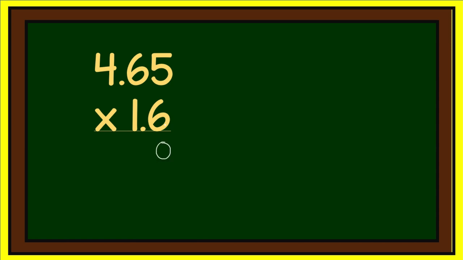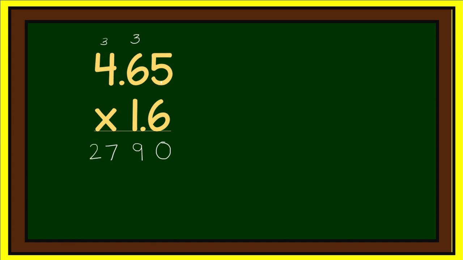So 0 carry 3. 6 times 6 is 36 plus 3, 39. 9 carry 3. 6 times 4 is 24 plus 3, 27. So 7 and then 2.